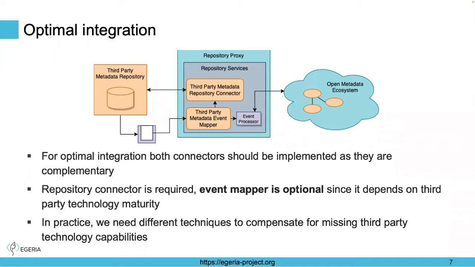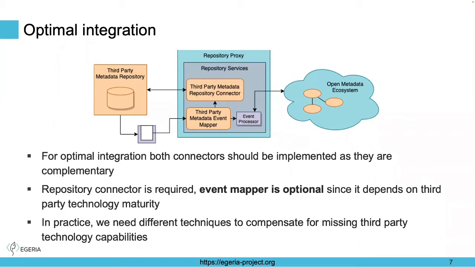An event mapper, which is the second important component or connector, is also allowing us to share the metadata, this time through event mechanisms. And with this, they complement each other, and the optimal integration will be to have them both in the same solution, or in the same repository proxy in this case, because only then will we have optimal active integration in place.